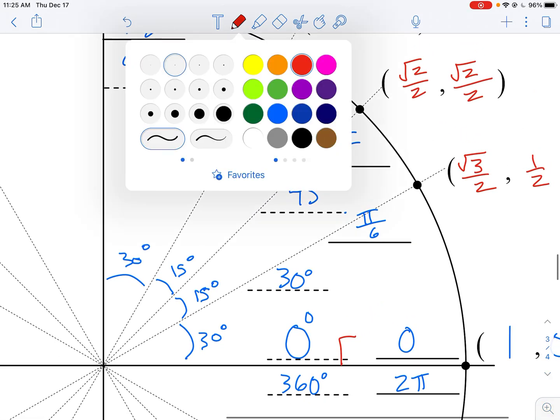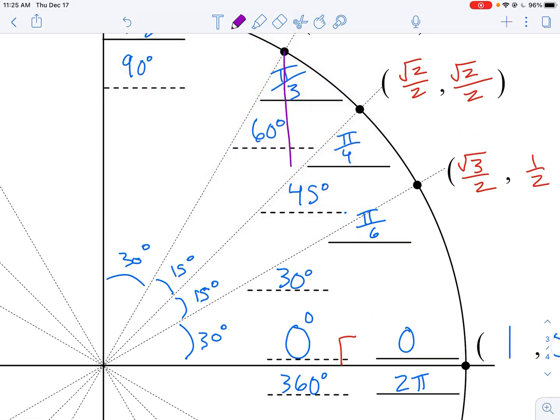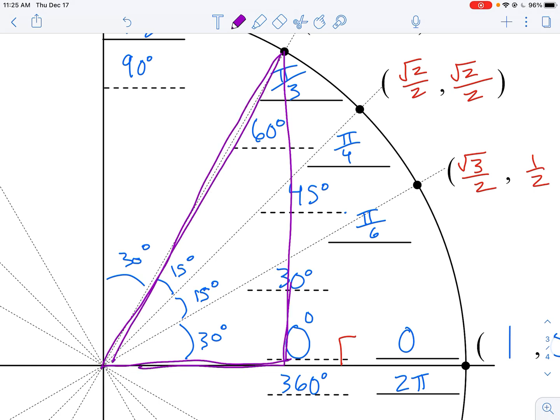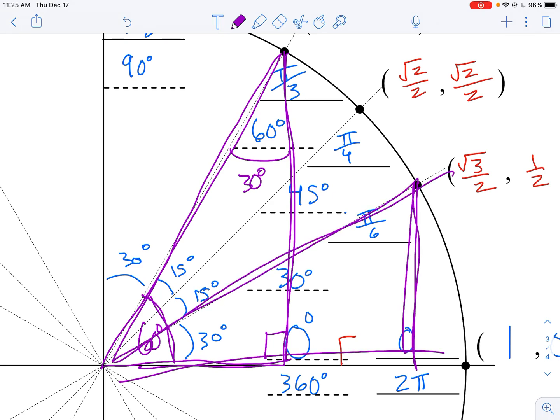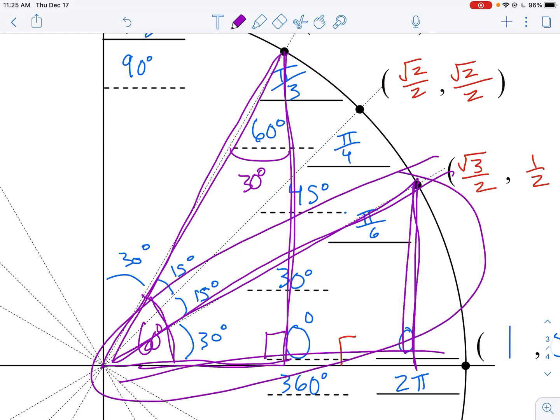So let's go to this 60-degree angle here. And if I draw my right triangle, I'm going to get my right angle here, and this is going to be 60. And that means this guy up here is 30, because it's a 30-60-90 triangle. Hey, we just had that triangle over here when we were trying to get this point. Well, how is this triangle related to this one?